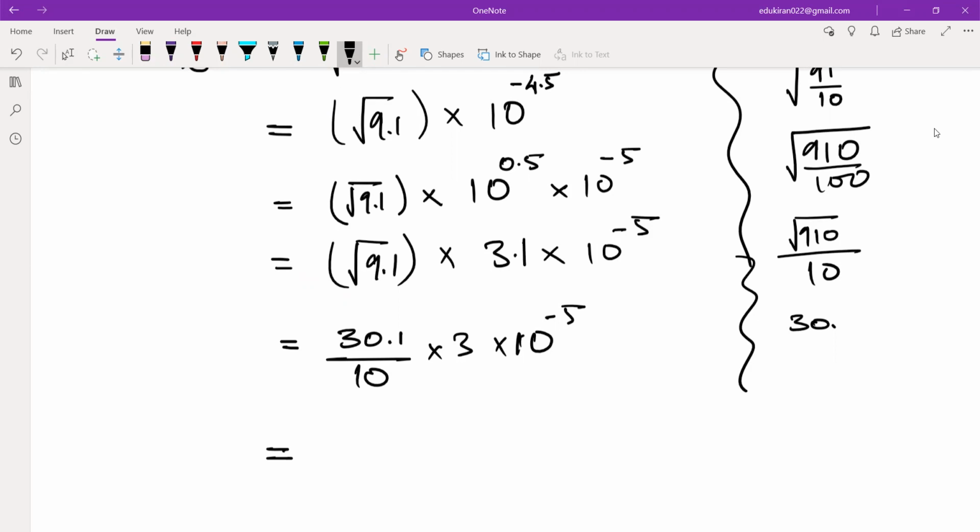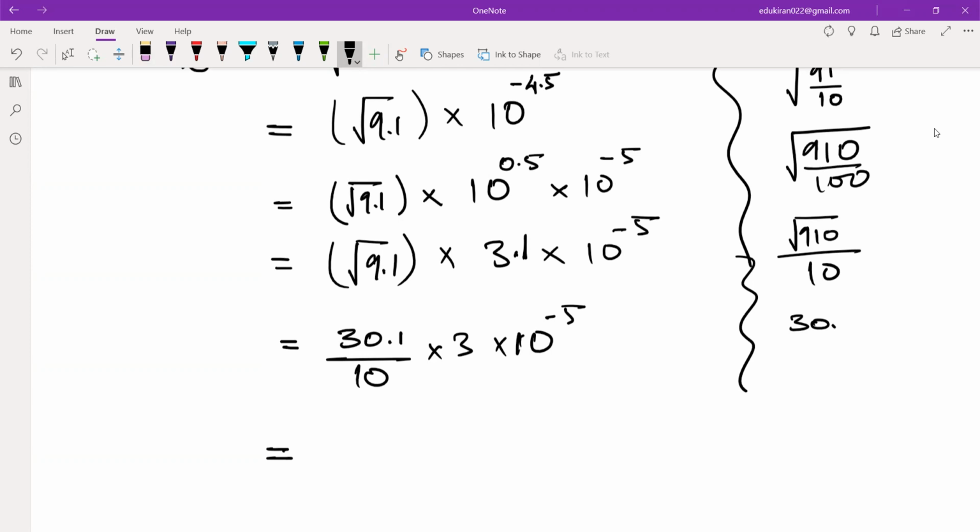Right, guys? Because we are approximating quite a lot, we can obviously write 3.1 here, because if you try to find the log of 3.1, I think it will be near 0.5.